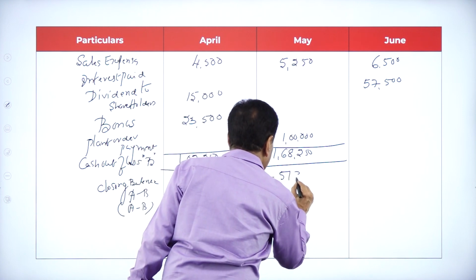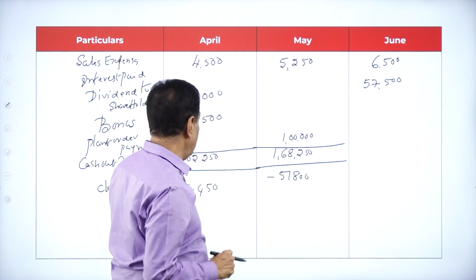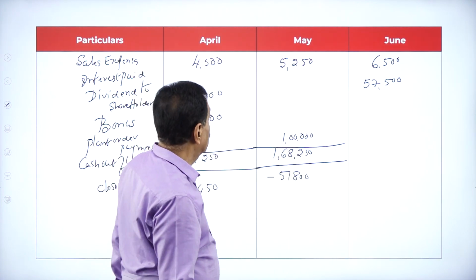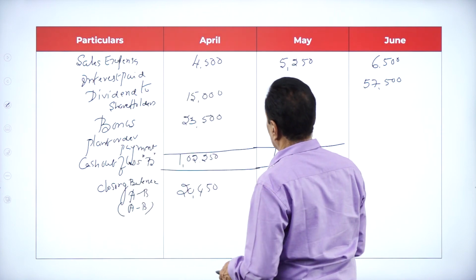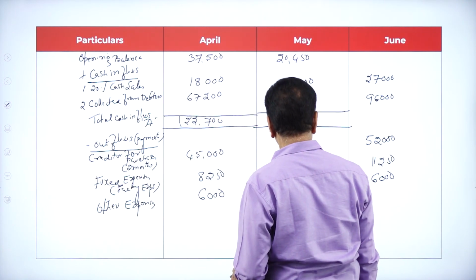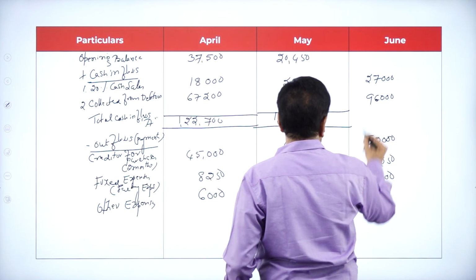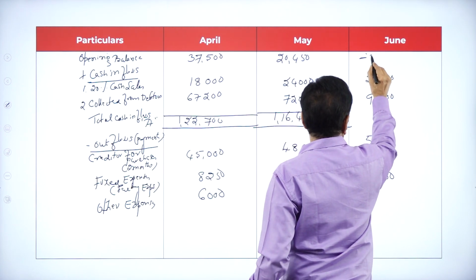They have taken the overdraft, 51,800. So this becomes the opening balance for next month, 51,800. This is a minus figure.